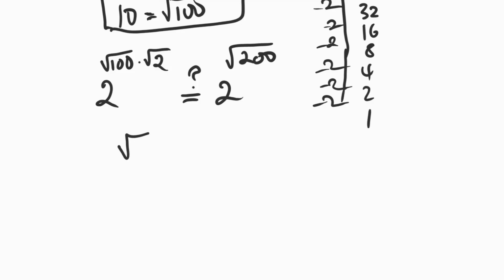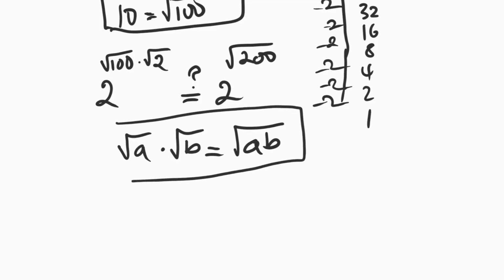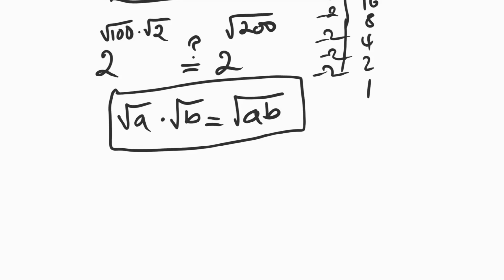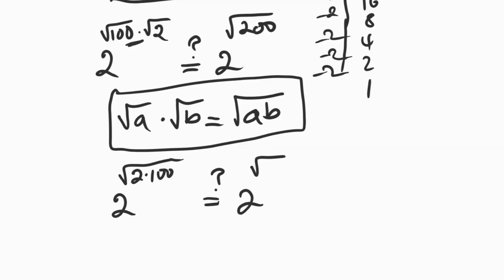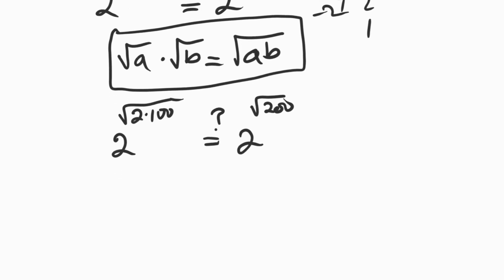Now we know that root A dot root B is the same thing as square root of AB. So let's apply the same thing to the power of the left-hand side. So it becomes 2 raised to the power root of 2 times 100. That's equal to 2 raised to the power root of 200. 2 times 100 gives us 200.